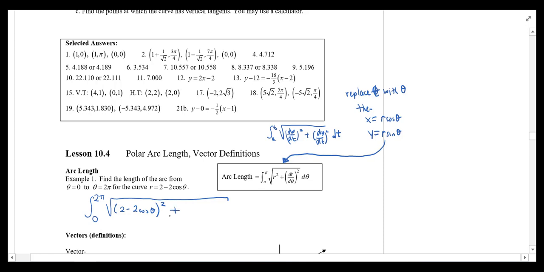So what is the derivative of r? I could do that up here. dr d theta: the derivative of 2 is 0, the derivative of cos is just negative sine. So multiplying that together, just 2 sine theta. And then don't forget d theta, and this is the formula that allows you to calculate the arc length.